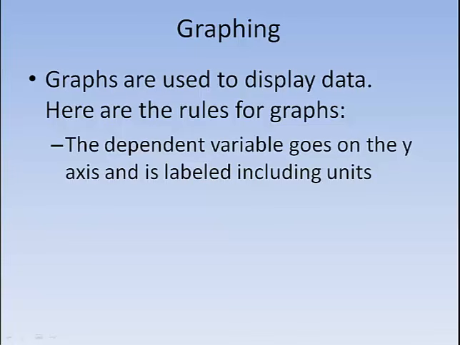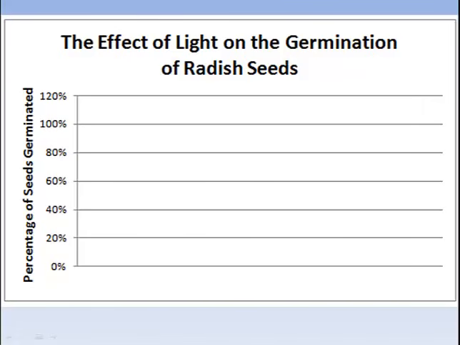The next rule is that the dependent variable always goes on the y-axis, and you always include units. Now in our particular experiment, we're going to make a calculation and figure out the percentage. But here we have the DV on the y-axis, and instead of units, we're going to use percentage in this particular case.